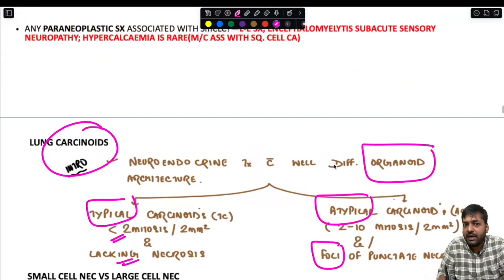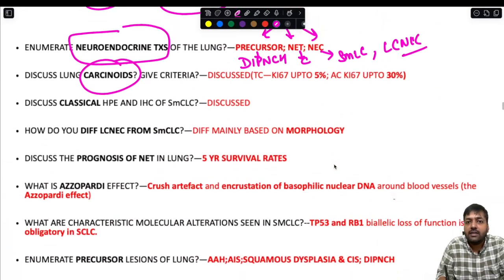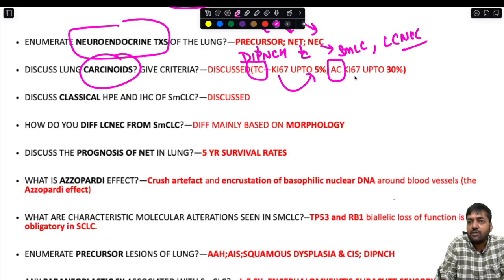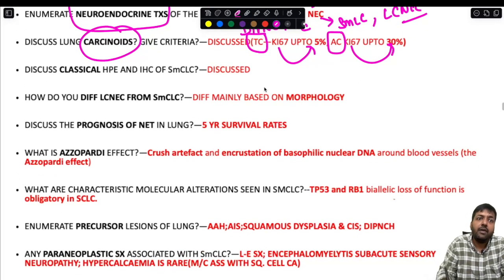Remember, the Ki67 proliferation index of typical carcinoid is up to 5%, whereas for atypical carcinoid the Ki67 is up to 30%. This is the cutoff.